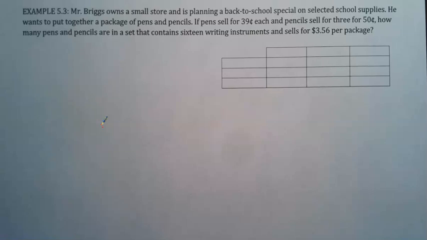Okay, lots of great information there. So we've got Mr. Briggs, he's got this small store, he's doing a special. He wants to put together a package of pens and pencils. Hey, there's our 3 things right there. It's a package, right?